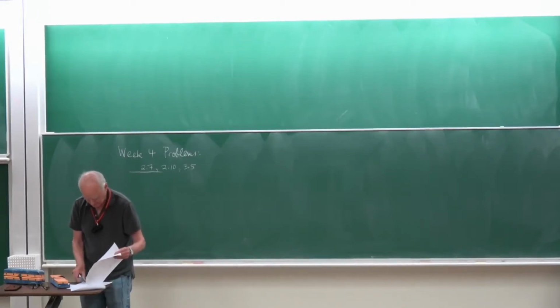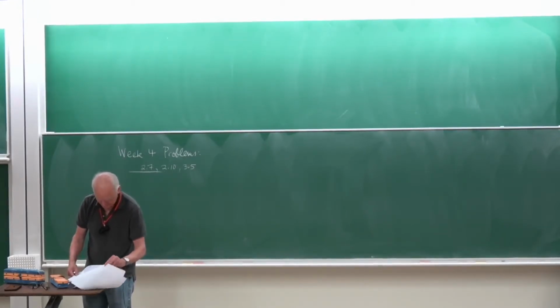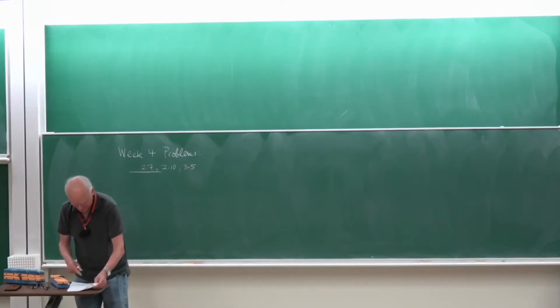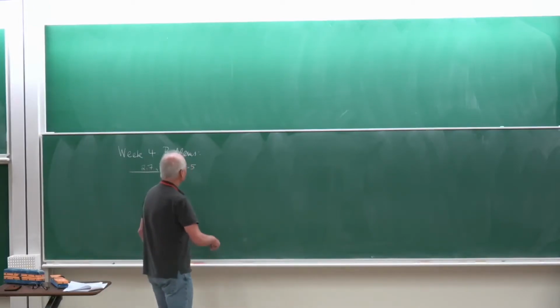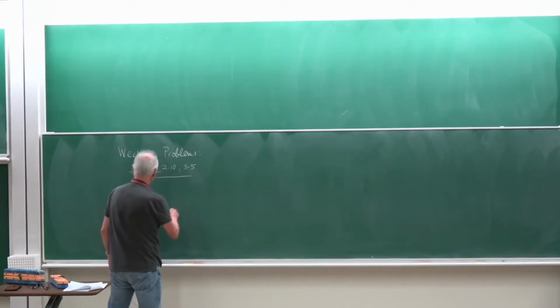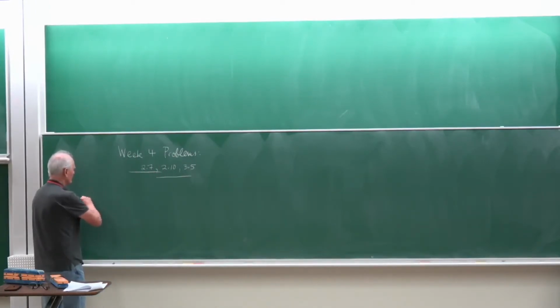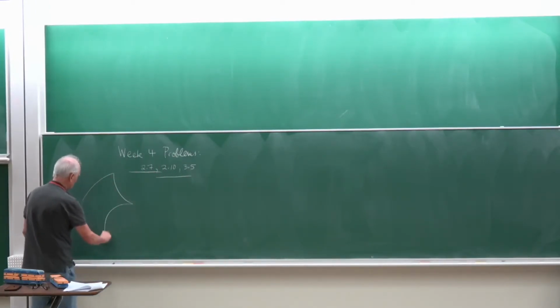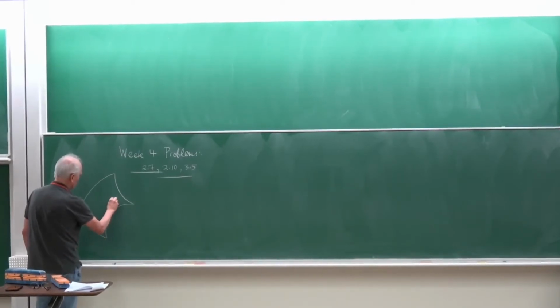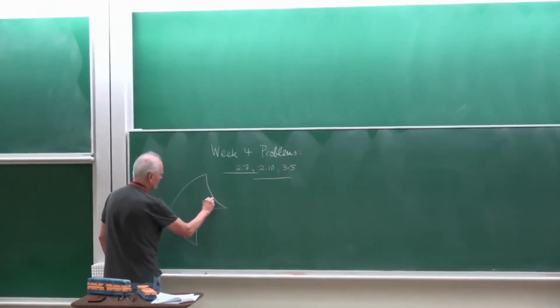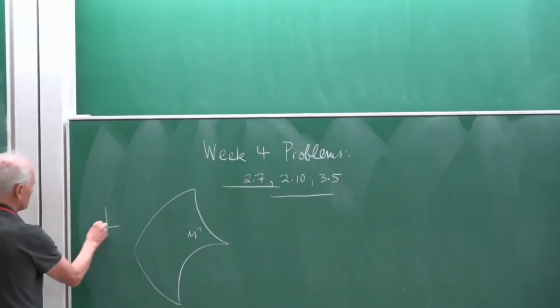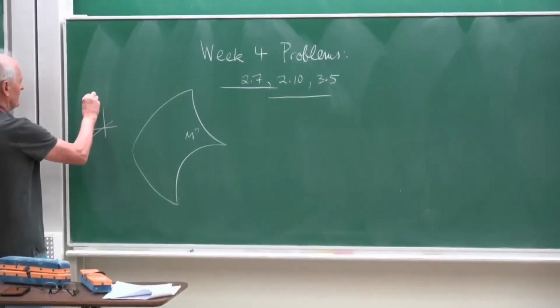So we need to talk about the second fundamental form of M, so we're in the same setting now. M is an n-dimensional submanifold in some Euclidean space, R^(n+k).